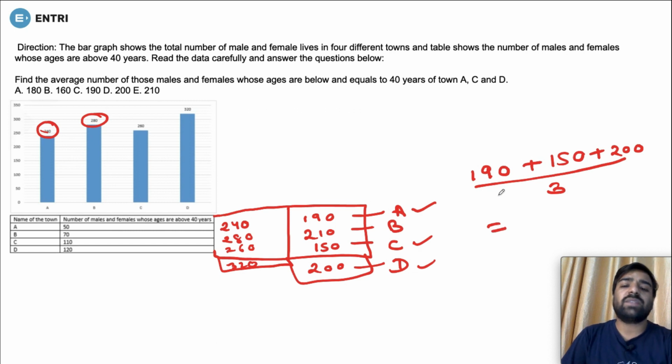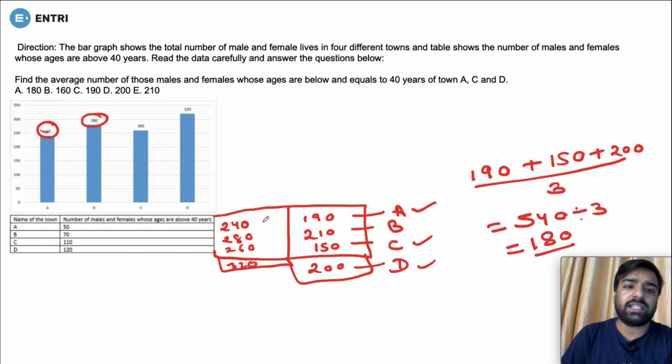We are going to get 540 divided by 3, which is 180. Is there any option that is 180? Option A is correct, because option A is 180.